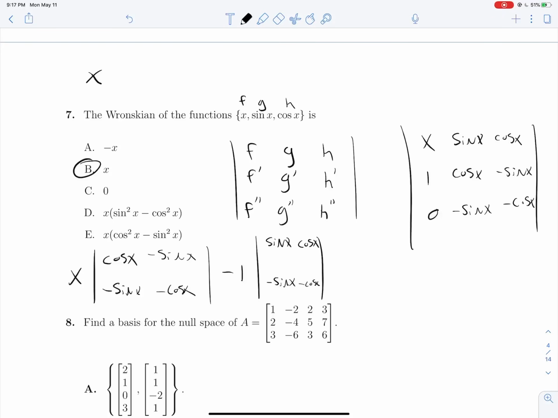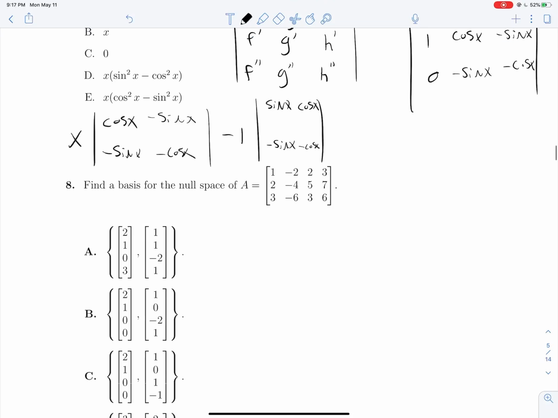So our answer for 7 is, ooh, wait. No, I'm sorry about that. That's a stupid mistake. When we find this determinant, we get negative cosine x squared minus sine x squared. And so we can factor out a negative 1, make this a plus, and then all of this will simplify down to 1. So there we go, we have negative x.